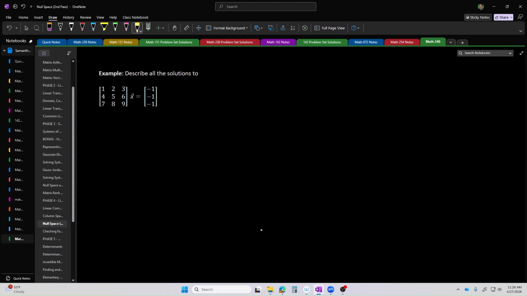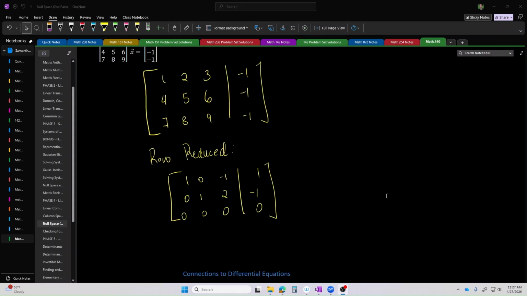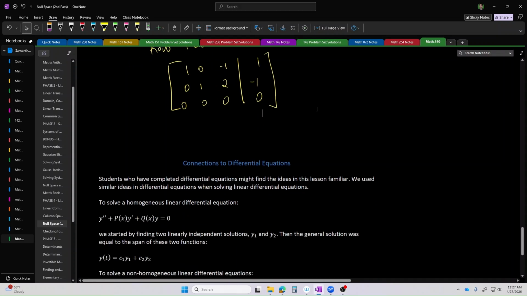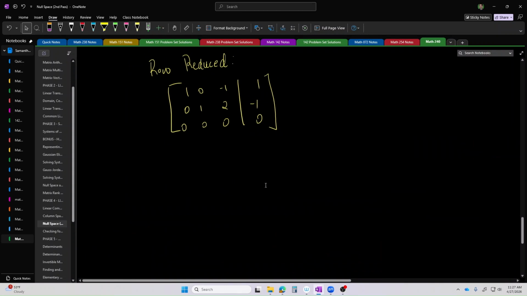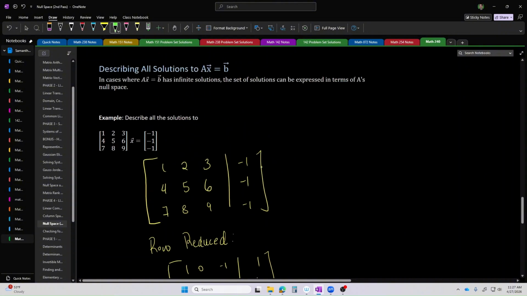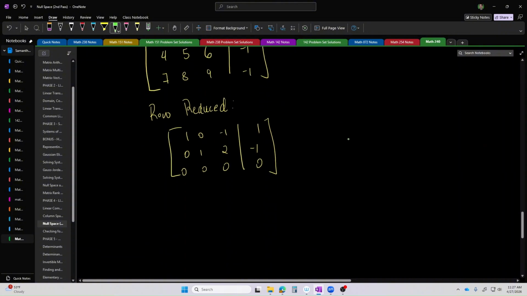Now, as usual, I can approach this problem by converting it to an augmented matrix. And then row reducing that matrix, for example, using technology. So here is this augmented matrix after it has been converted to reduced row echelon form. Let's now interpret what this augmented matrix is saying to us in terms of the solutions to this matrix equation.